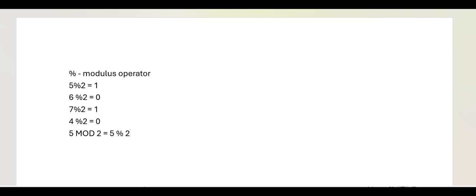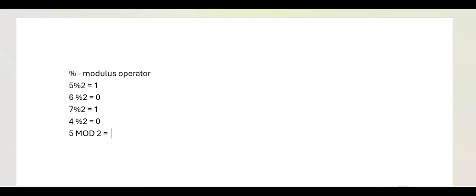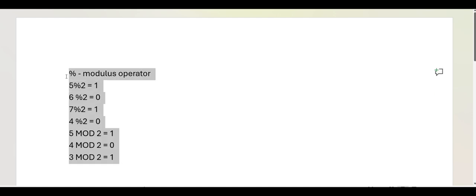All right, so sometimes in pseudocode, we use the word mod instead of modulus, but 5 mod 2 will still be 1. 4 mod 2 will be 0, and 3 mod 2 will be 1. Right? So you guys can take notes of that. Let's move on to our actual problem.